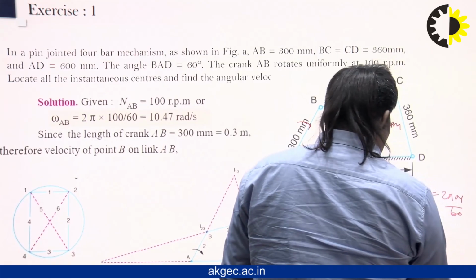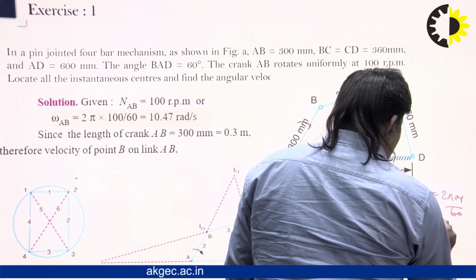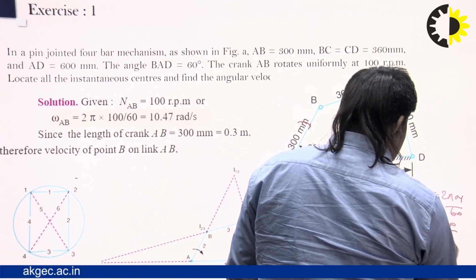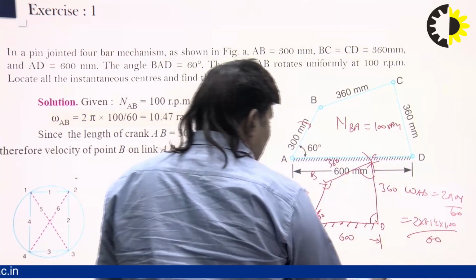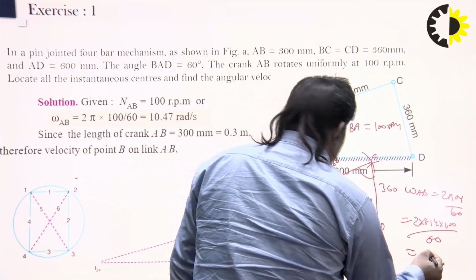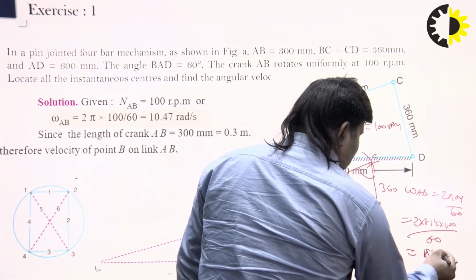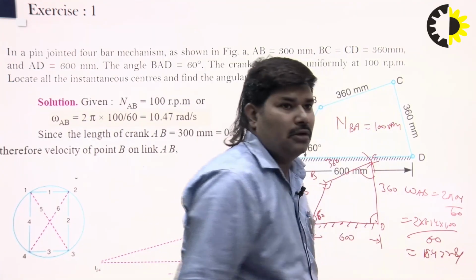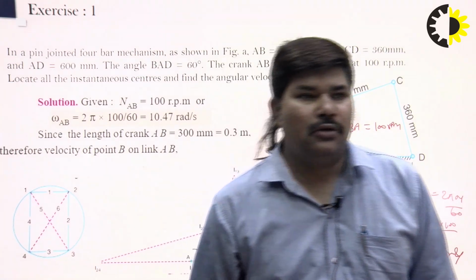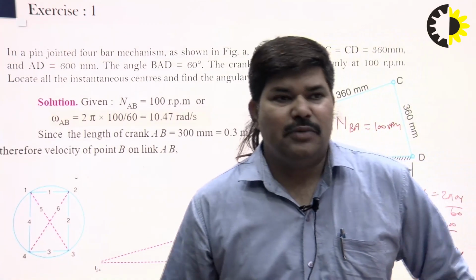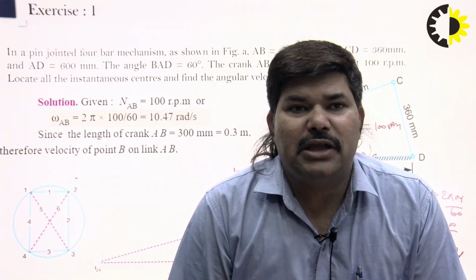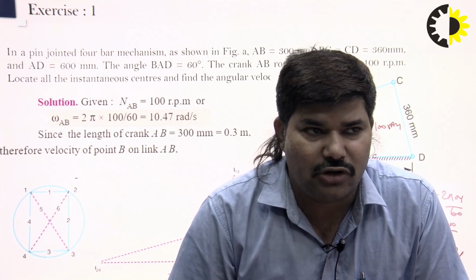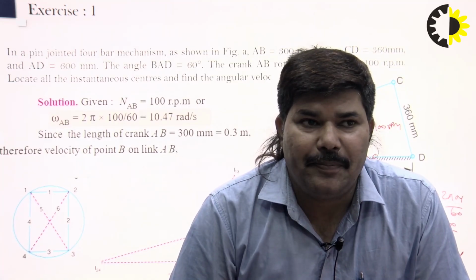So, here 2 into 3.14 into N value 100, divided by 60, and it becomes omega AB equal to 10.47 radian per second, right. And the length of link AB is already given, 300 mm, that is 0.3 m. So, therefore, the velocity of B of the link AB, right.